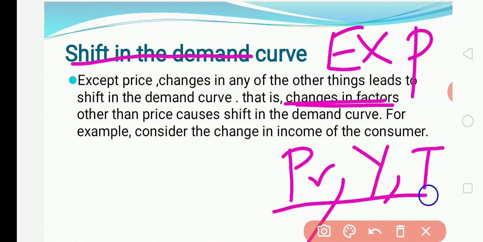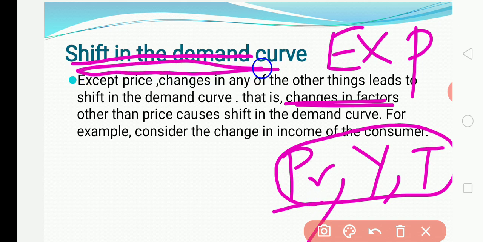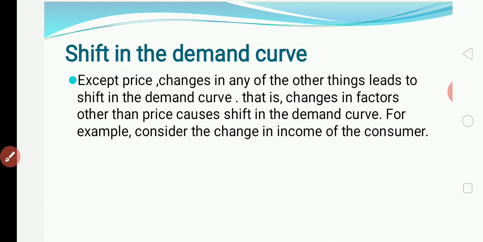If these things change, what will happen? The demand curve will start shifting. So that concept we call a shift in the demand curve. We will see how the shift is taking place with the help of a diagram.